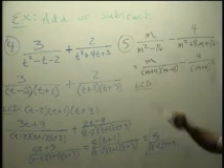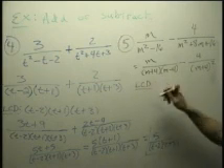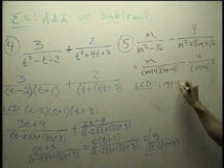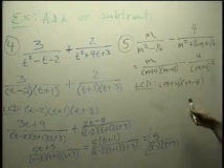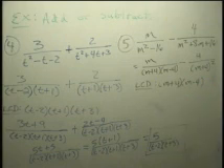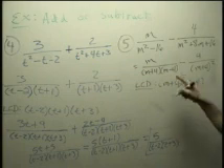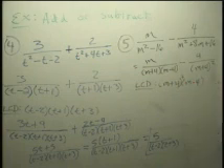Least common denominator, then, is I have an m plus 4, m minus 4, m plus 4 already covered. Highest exponent on m plus 4 is 2, and on m minus 4 is just 1. Okay?